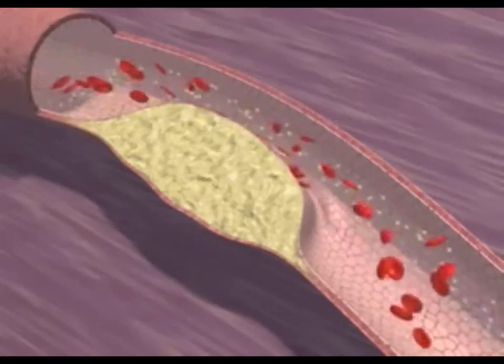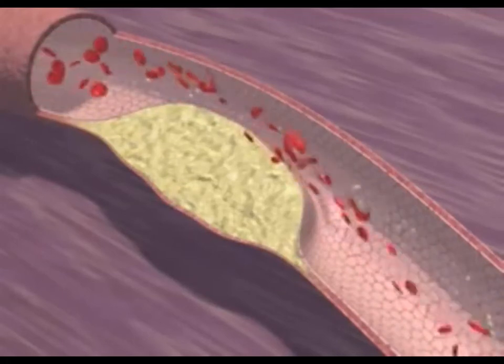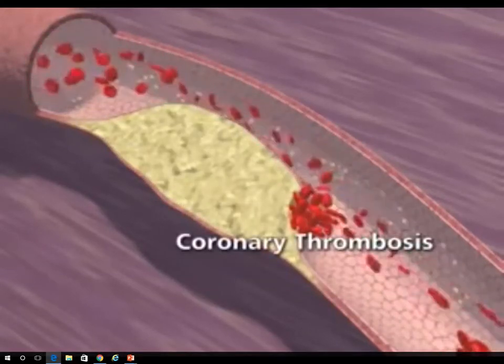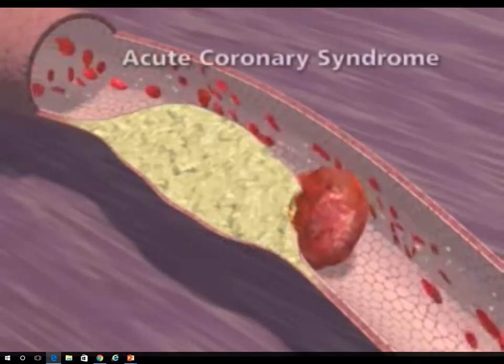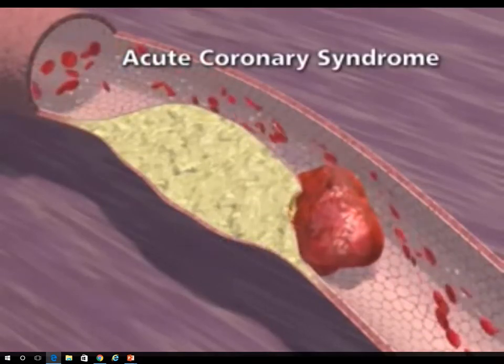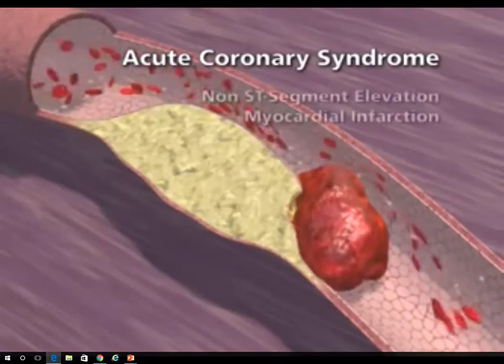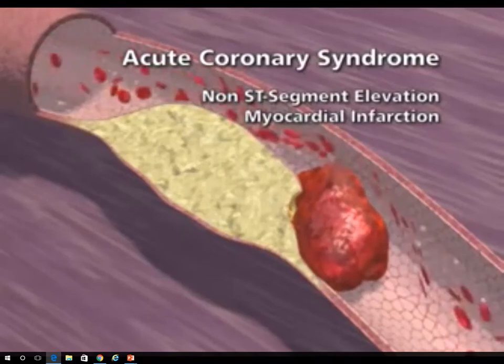Such a patient is still at risk for an acute life-threatening event because a plaque can suddenly rupture, causing clotting of the artery, known as coronary thrombosis. When a thrombotic occlusion is subtotal, an acute coronary syndrome develops, and there are two types. The first type is known as a non-ST segment elevation myocardial infarction, and the second type is known as unstable angina.